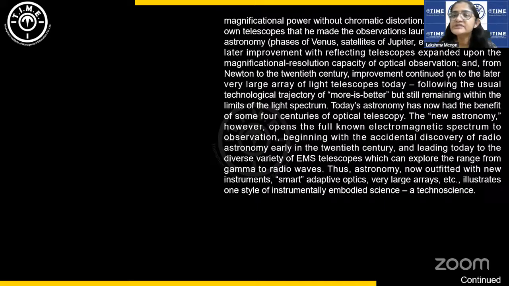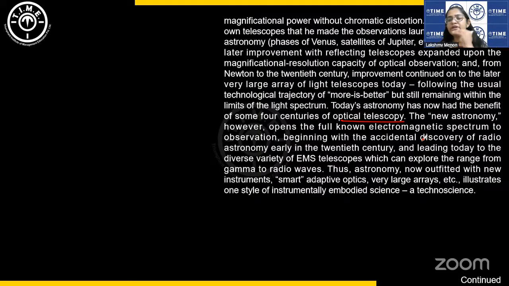They're talking about Isaac Newton's later improvement, etc. All these improvements happened, and then today's astronomy enjoys the benefit of all these years of progress in optical telescopy, and also certain modern trends like radio astronomy have contributed to expanding the scope of what we can see and understand in astronomy.